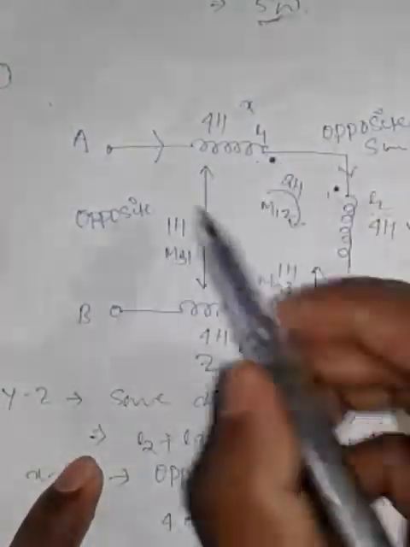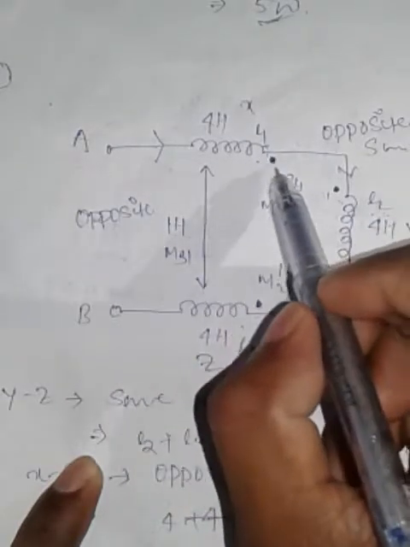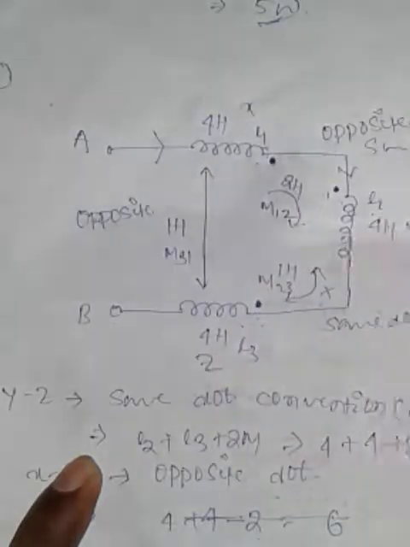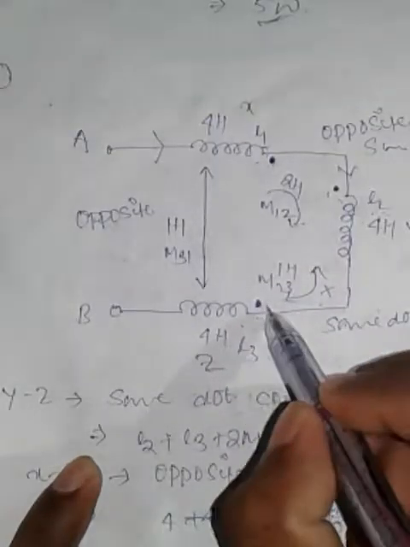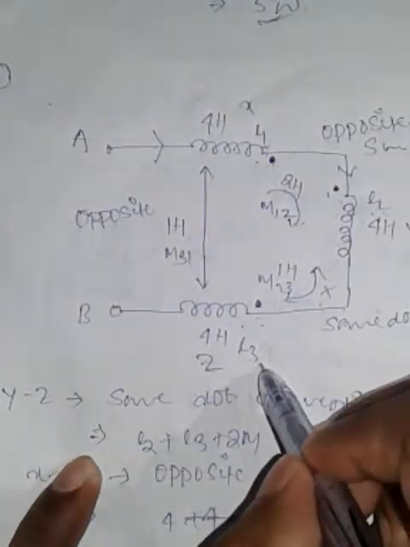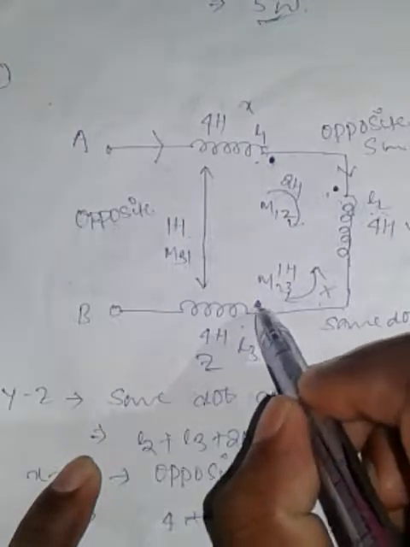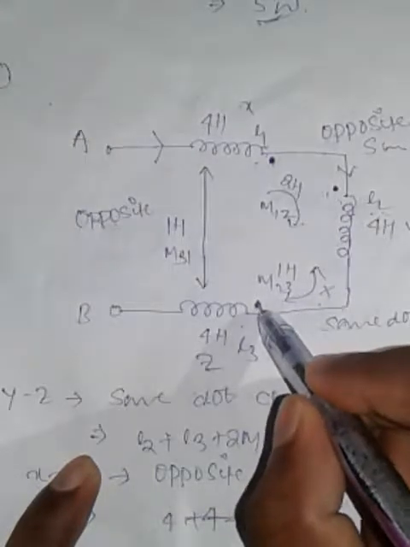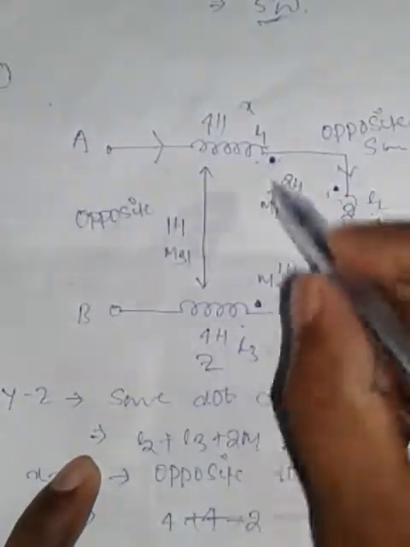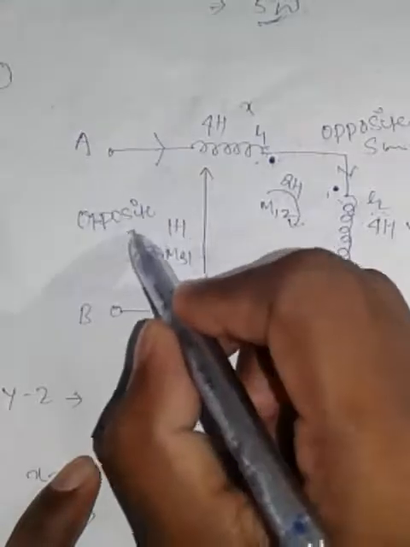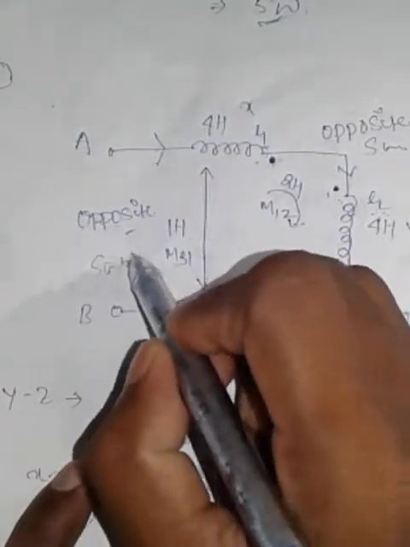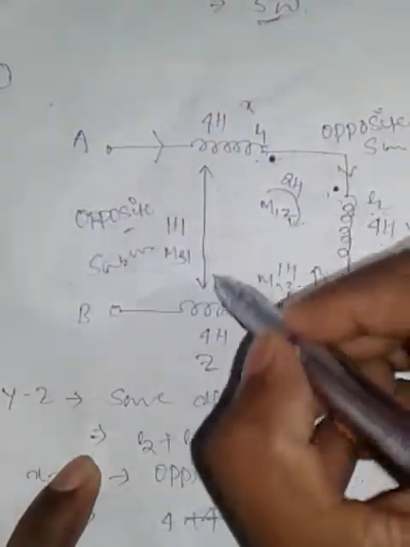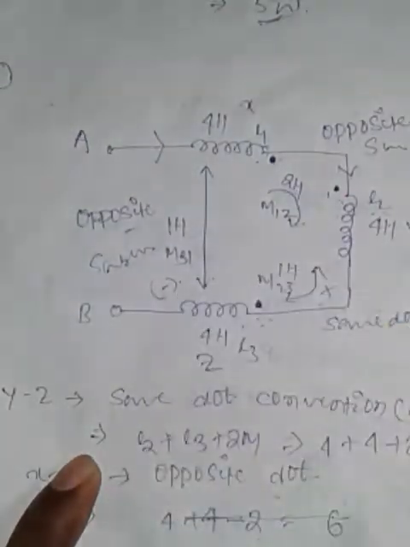Now for 1 and 3, current is entering where the dot is at the end of the inductor, but in inductor 3 the dot is at the starting point. So in L1 it is the ending point, in L3 it is the starting point. So both are opposite, meaning subtractive in nature. So the mutual induction between them will be subtractive in nature.